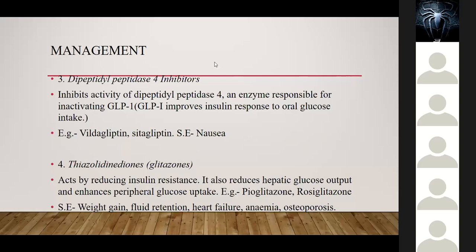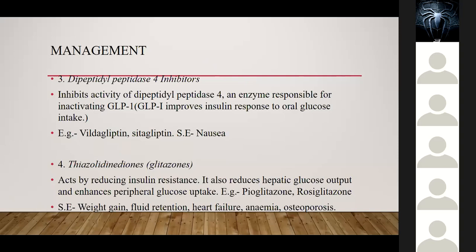So we'll talk about the DPP4 inhibitors, or the dipeptidyl peptidase 4 inhibitors. And these are basically some group of new medications on the system. So you see common medications like Galvusmet, which is a combination of a DPP4 inhibitor and metformin.